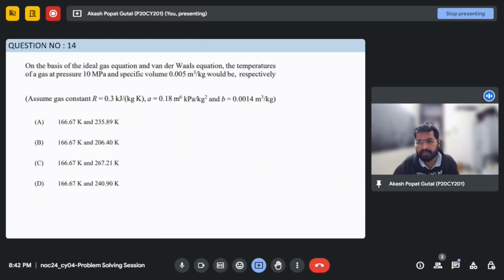The next question is, on the basis of the ideal gas equation and van der Waals equation, the temperatures of a gas at pressure 10 megapascal and specific volume 0.005 meter cube per kg would be, respectively. Try to calculate it. This question is on the same real gas, the van der Waals gas equation.